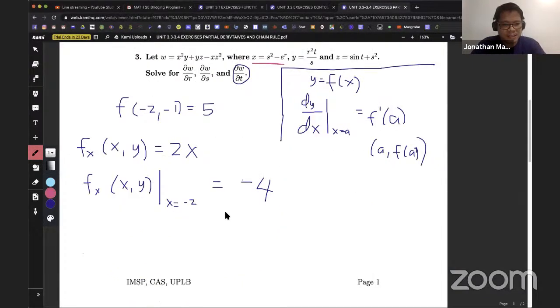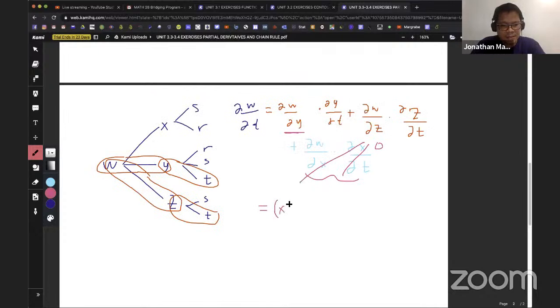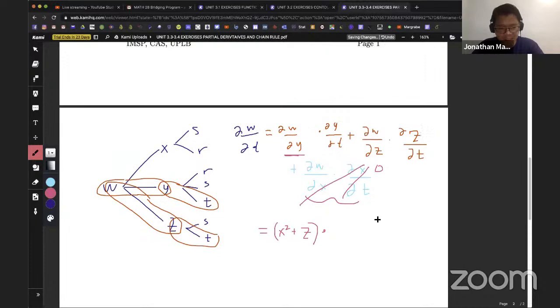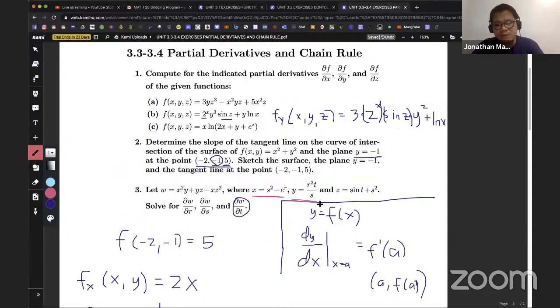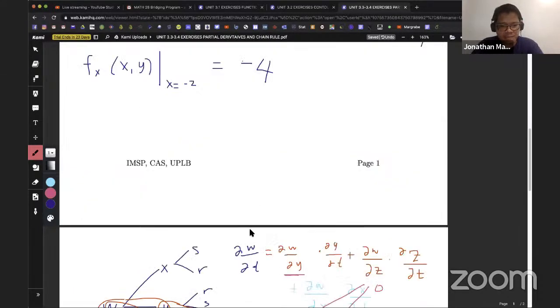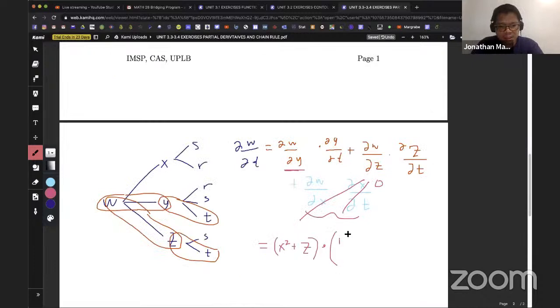X squared plus Z. Okay? I-multiply natin siya ngayon sa partial ni Y with respect to T. What is the partial of Y with respect to T? The partial is R squared over S. Okay, very good. R squared over S. Okay.